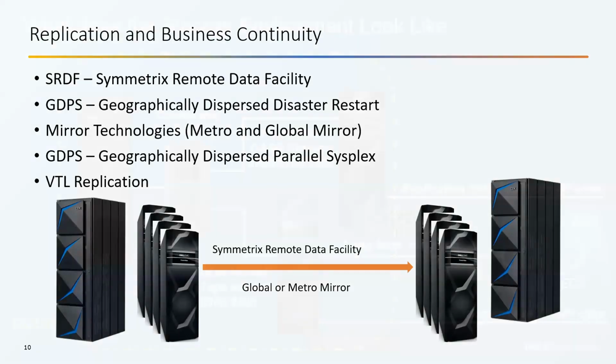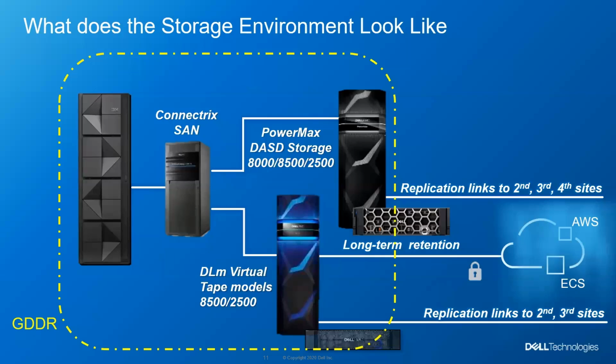So if we look at that, this is what an environment could look like. I'm using a Dell example here. There's the mainframe on the left, and then you have your DASD storage and your virtual tape systems. And we started seeing the DASD getting replicated, and then the virtual tape libraries also being replicated. So now you're replicating not just to another local site, but maybe to your DR site.